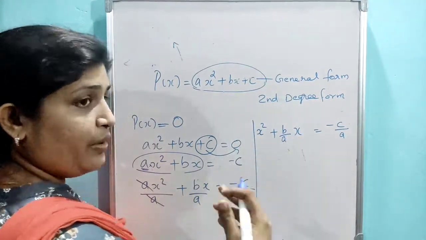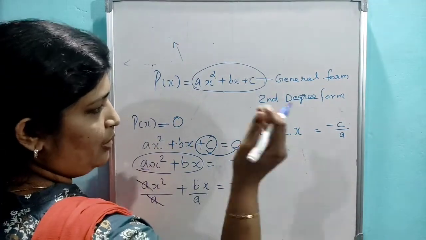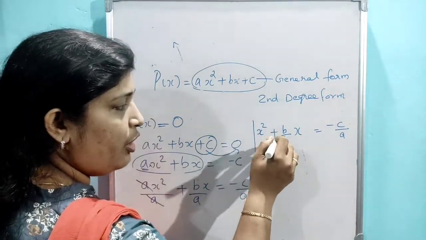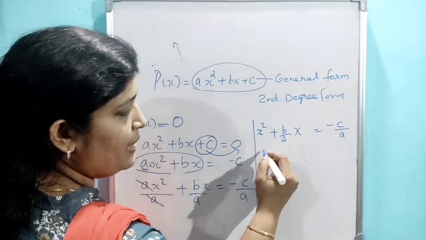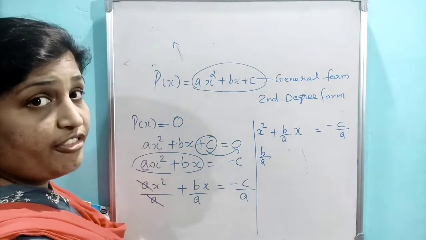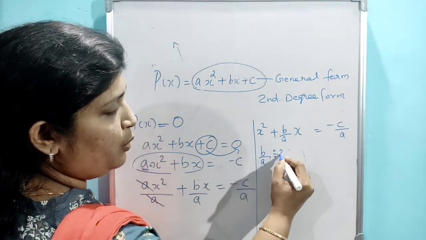How do we convert this into a perfect square? For that, add to both sides of the equation the square of half of the coefficient of x. Here the coefficient of x is b by a. How do we find its half? For that, b by a divided by 2.